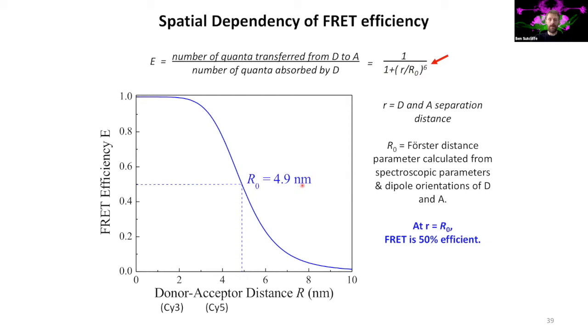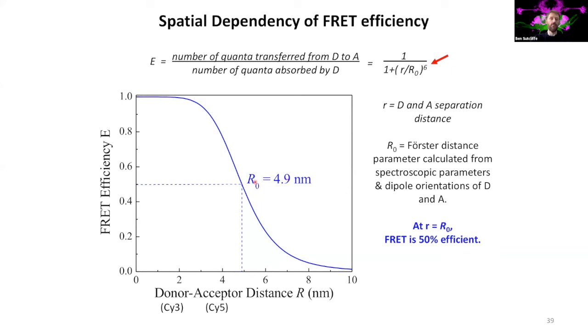So when R equals R0, FRET is 50% efficient. For an example using the Psi3 and Psi5 donor acceptor pair, when they are 4.9 nanometers apart, you get FRET efficiency of 50%.